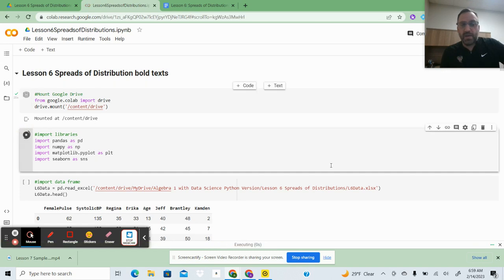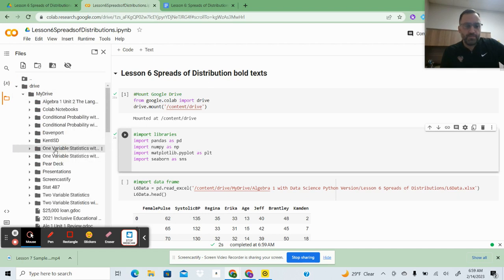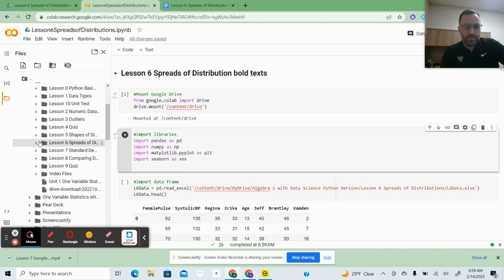So the first thing I did was mount in my Google Drive. And then I'm going to import the data set here. So I'm going to the lesson 6 spreads of distribution data set. Just copying the path.